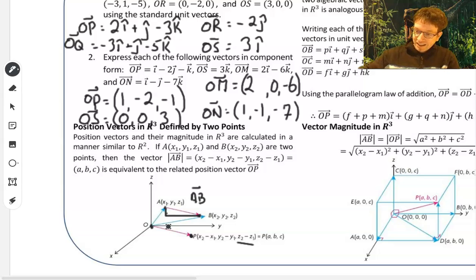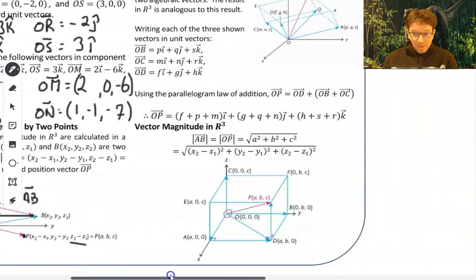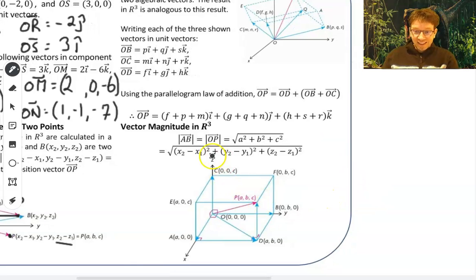And lastly, another thing we can do is the Pythagorean theorem, which is what we did before to find the magnitude of this vector. So let's say we have AB or OP, right?